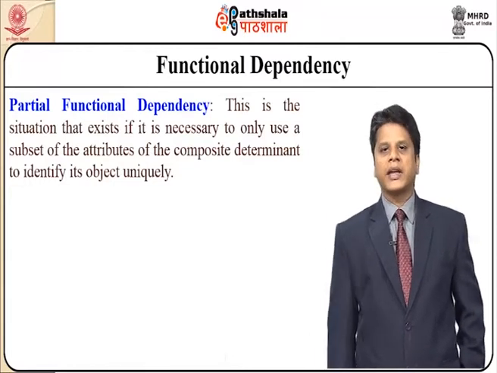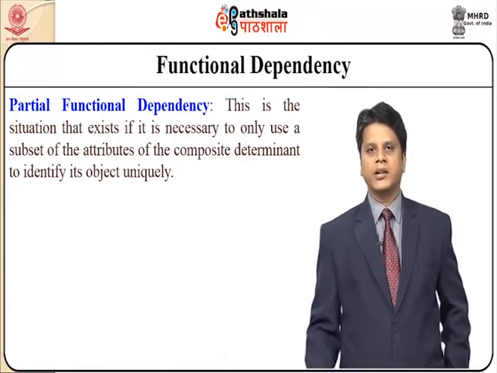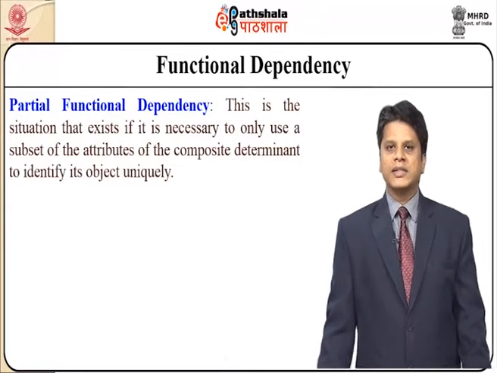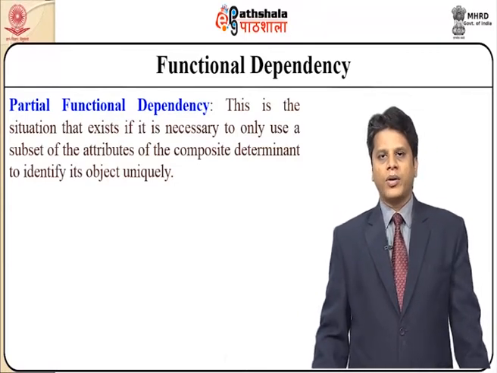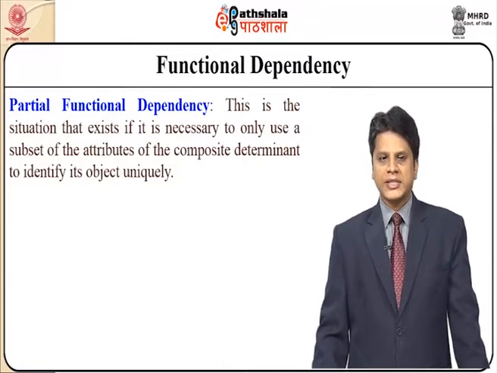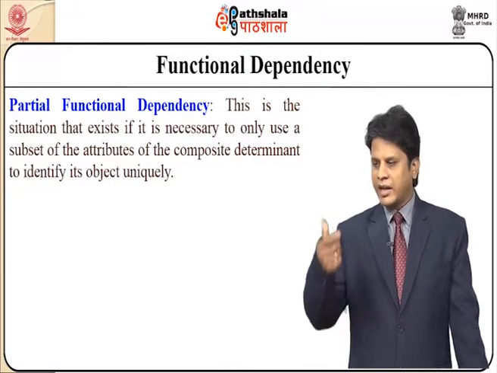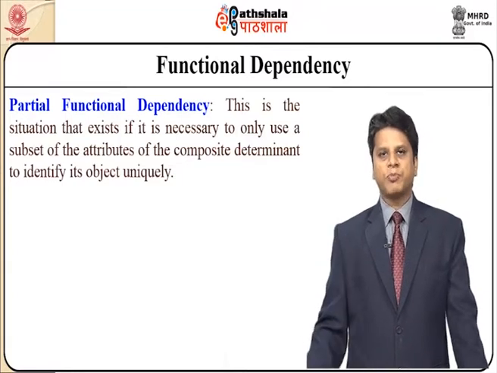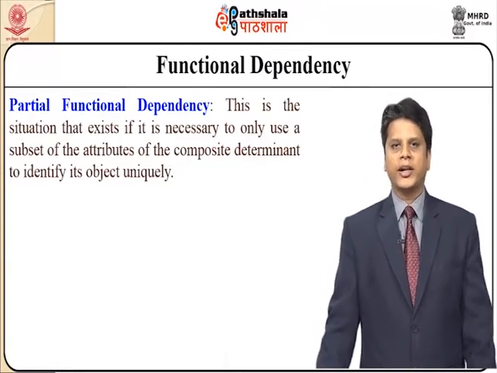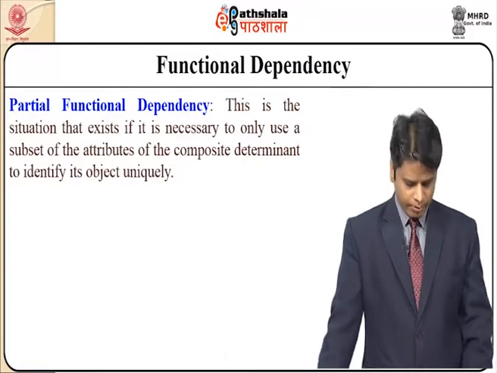But in partial functional dependency, one of the attributes that we have presented defines this particular attribute. That means a particular attribute which has been derived is partially functional dependent on this particular attribute.